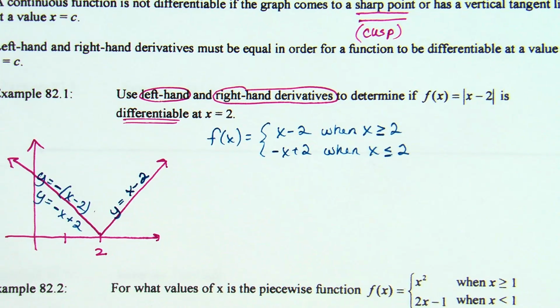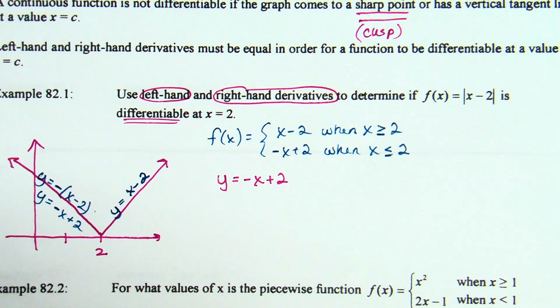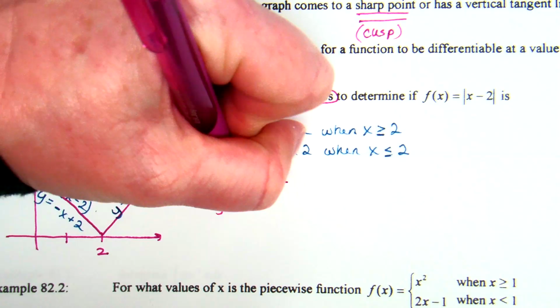So the equation on the left is y equals negative x plus 2, correct? What is the derivative of y equals negative x plus 2? Y prime is negative 1.